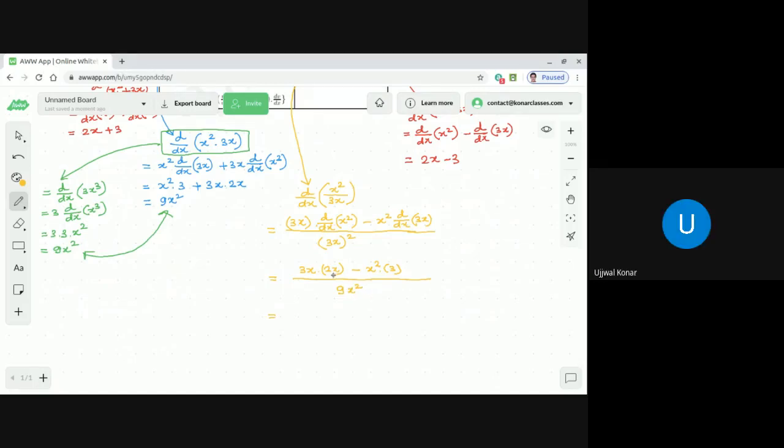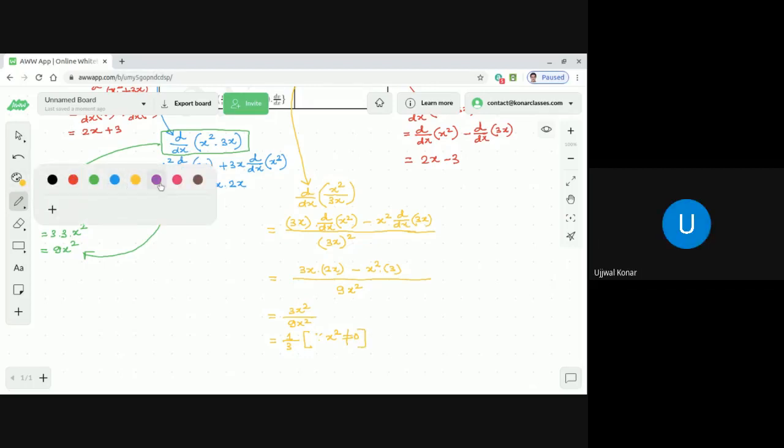Now 3 into 2 is 6x square minus 3x square, that is 3x square, divided by 9x square. So we get 1 by 3, since x square is not equal to 0.